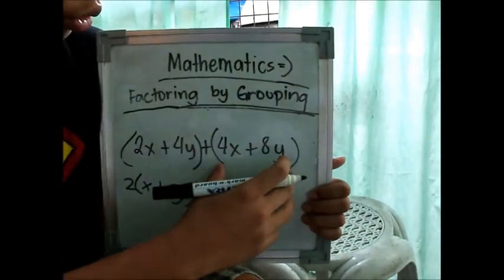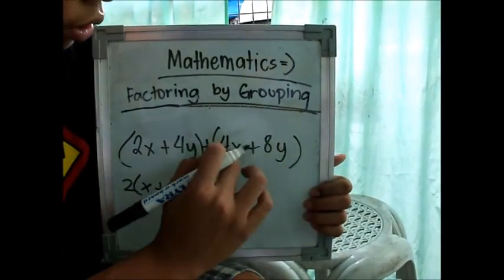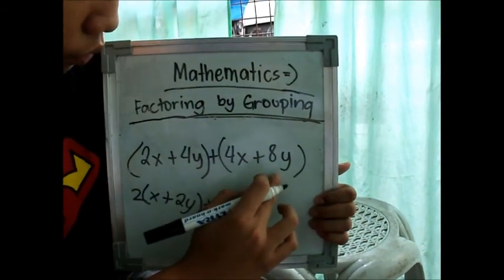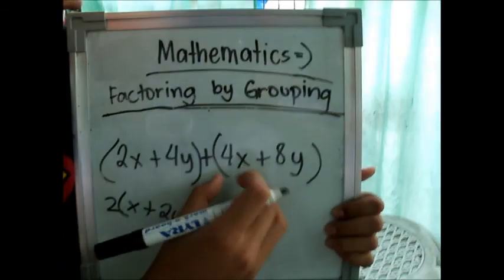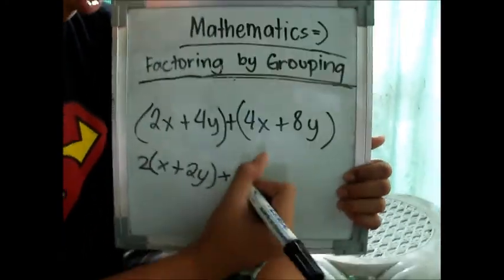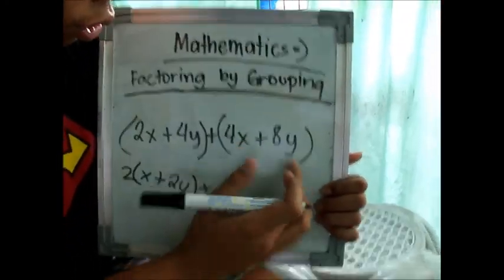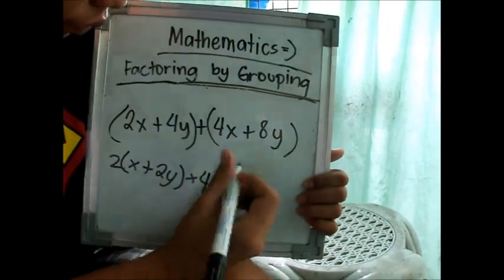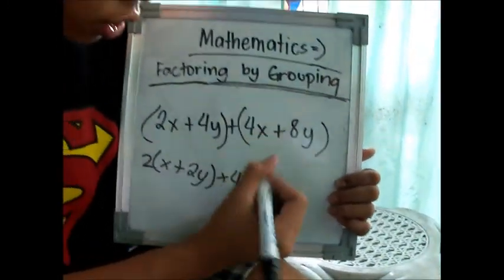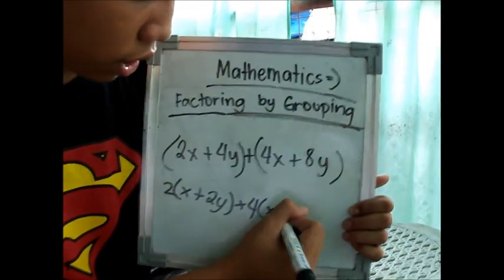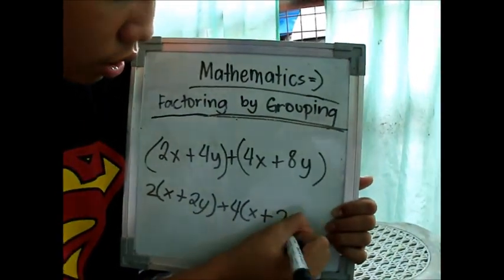The third thing you will do is get the GCF of these two. The GCF of this group is 4. So you take the 4 outside of this group and put it here. You will put x here and plus 2y.